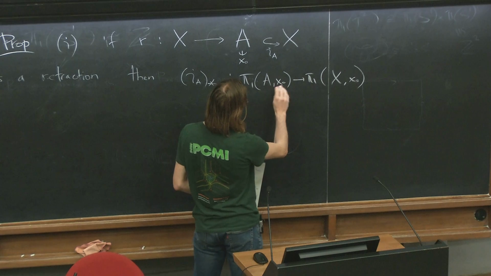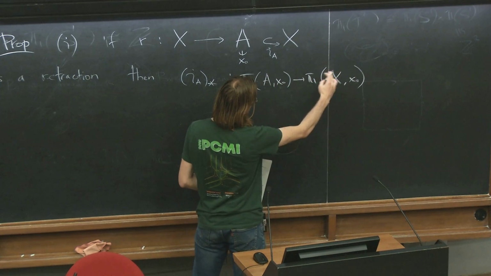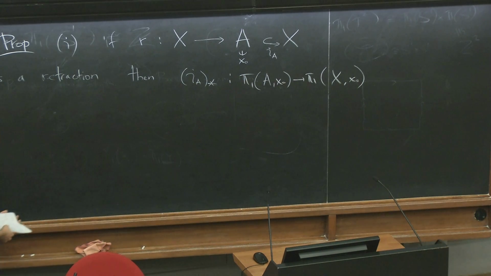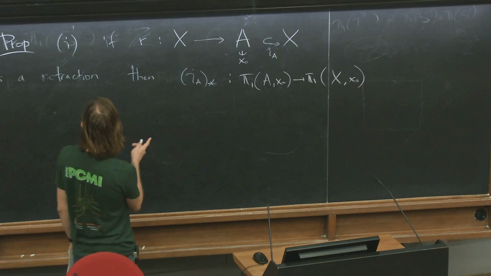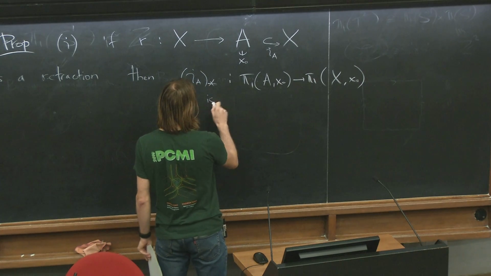I'm kind of abusing notation: this x0 is a point in A, but of course it is also a point in X since A is a subspace. The statement is that if R is a retraction, then this inclusion-induced map is injective.